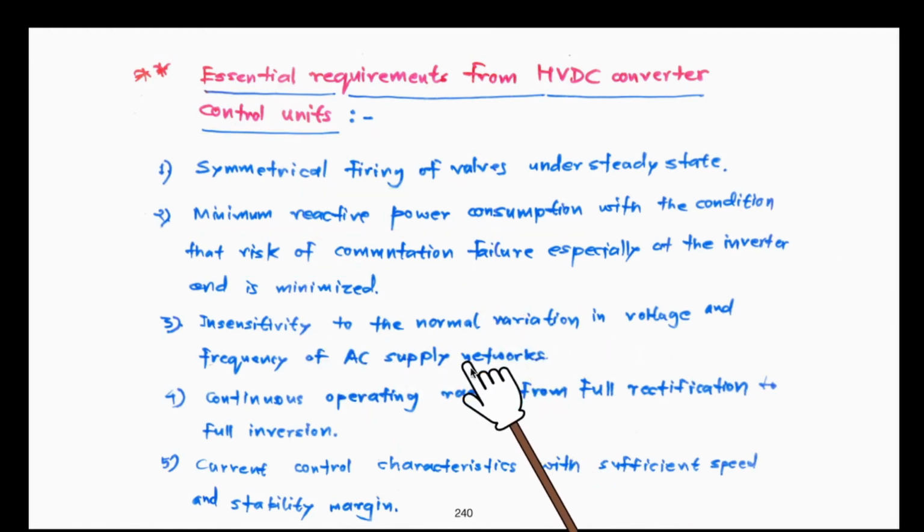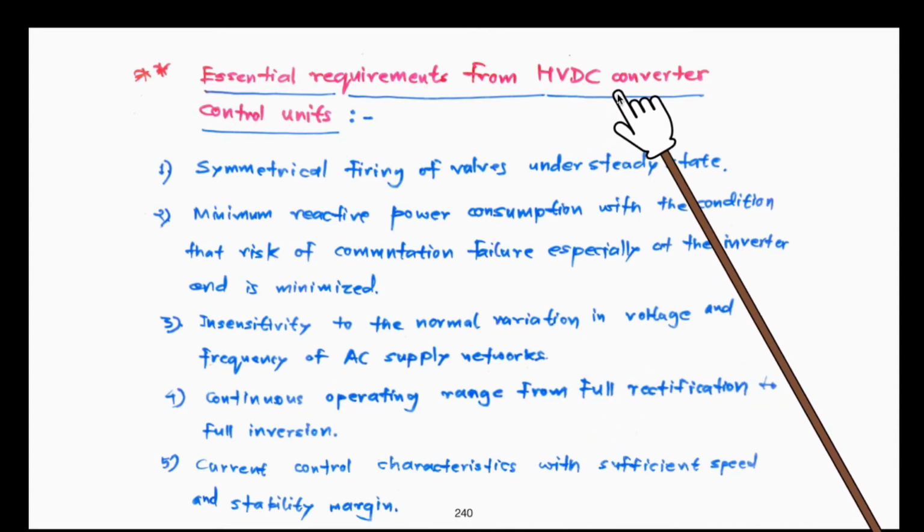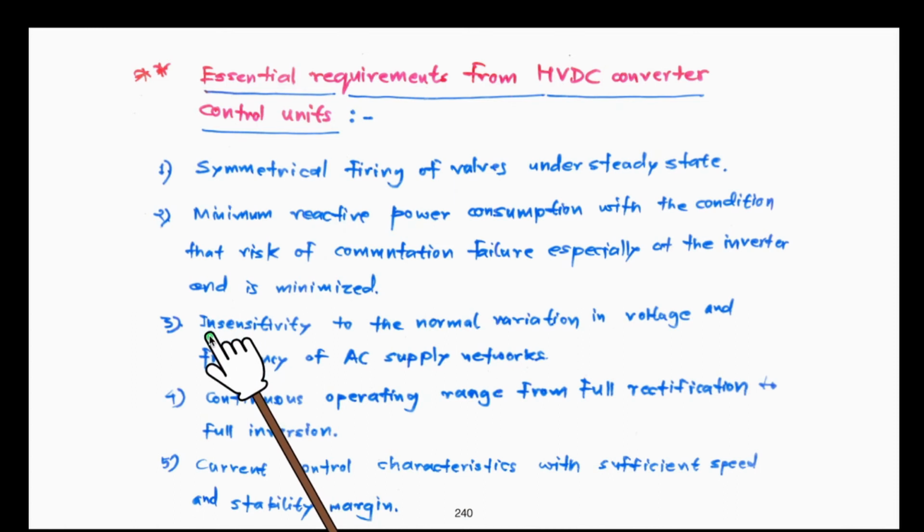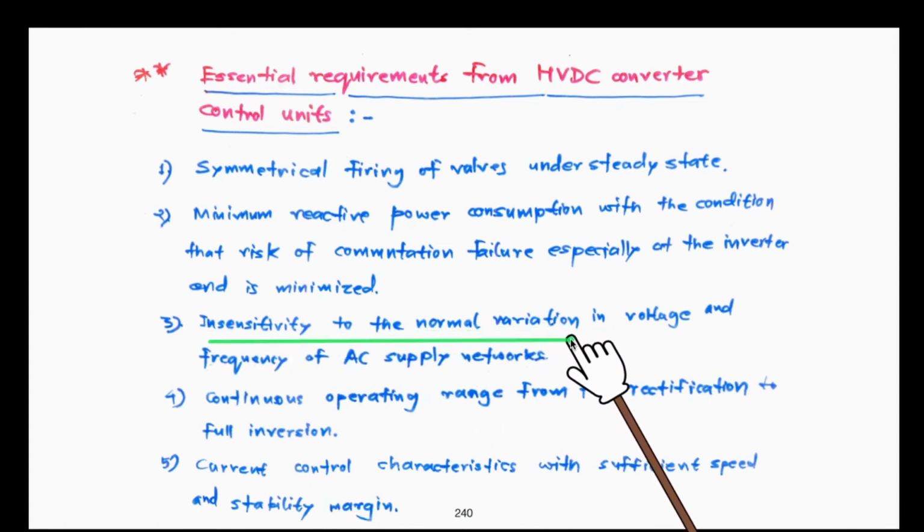Okay, next, the converter controller unit should be insensitive to normal variation in voltage and frequency.